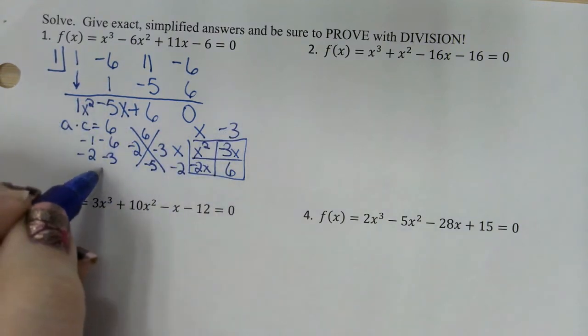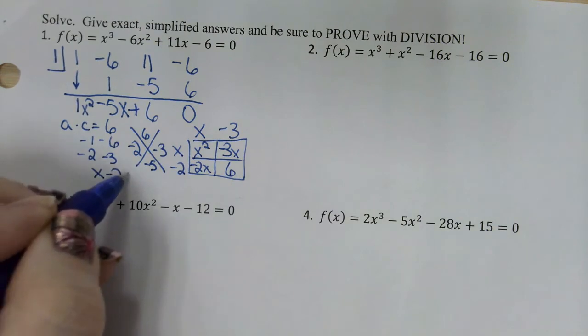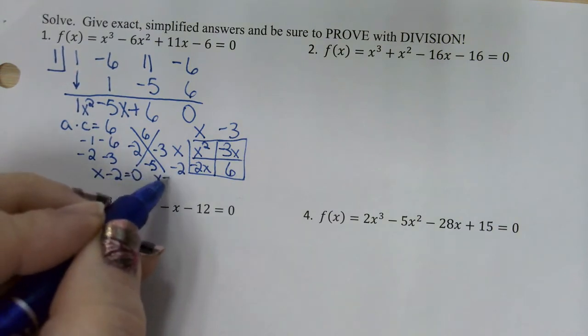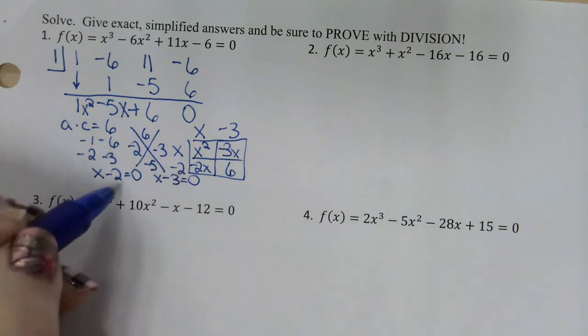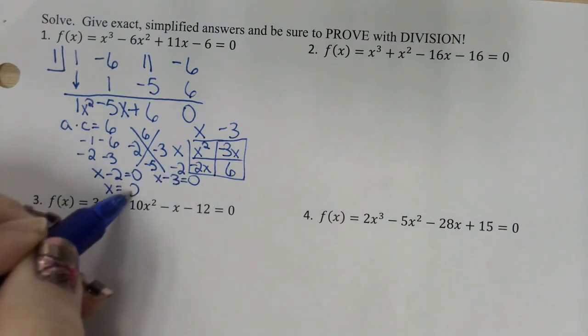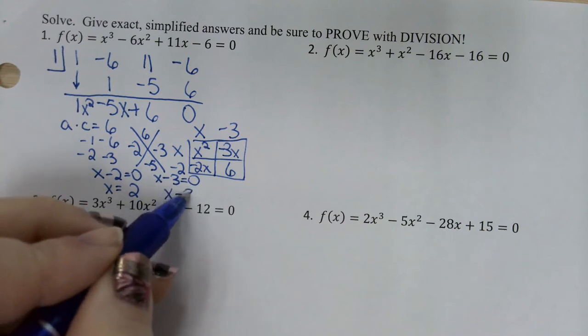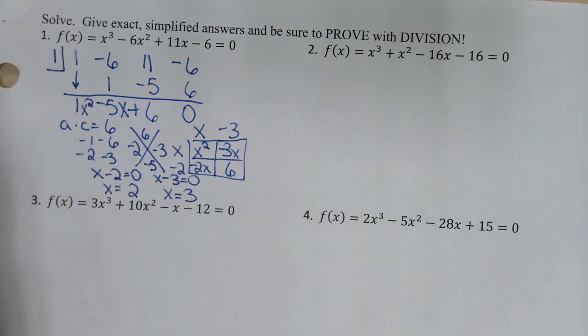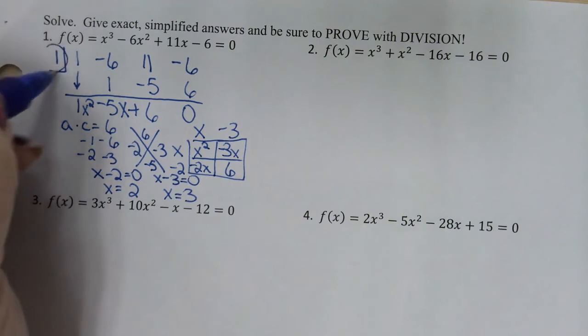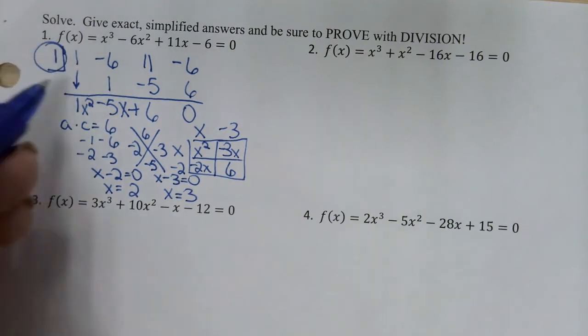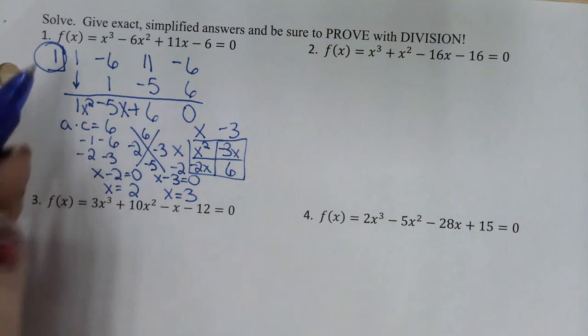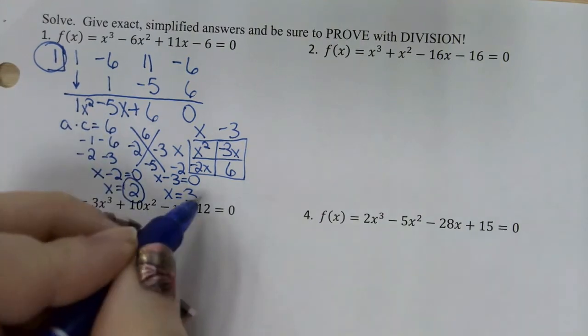I'm going to set both of those equal to 0. Add 2 to both sides, and I get 2. Add 3 to both sides, and I get 3. So my 3 solutions, there's 1, and we proved it with division. Here's 2, and here's 3.